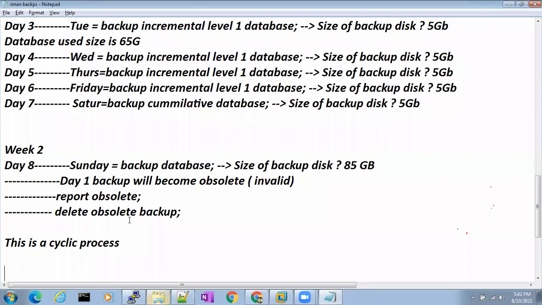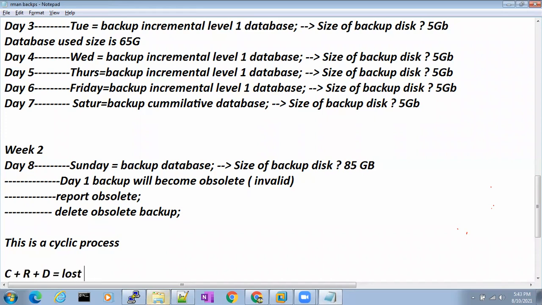And tomorrow we will work on restore. For example, CRD means database, control file, redo log file, data files. CRD files lost.